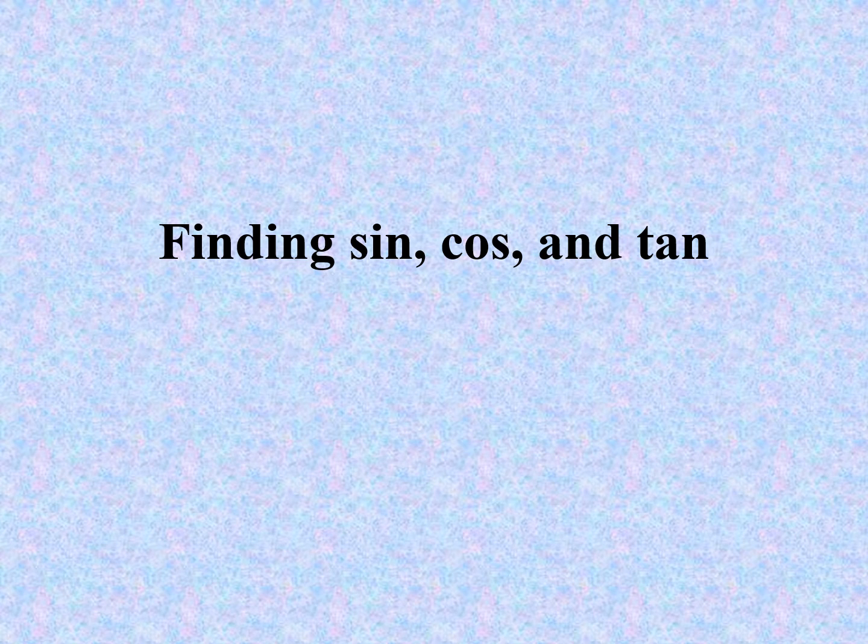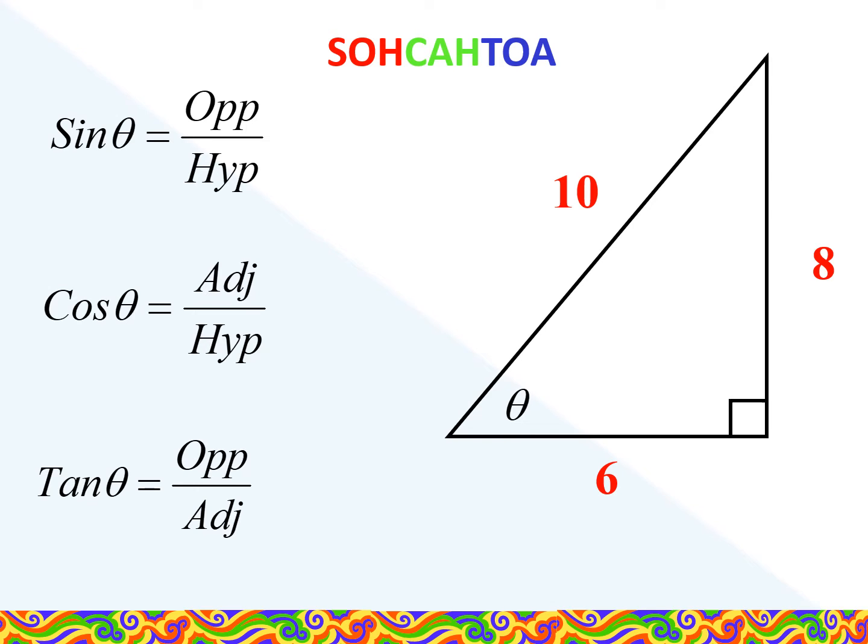Now, we are going to find sine, cosine, and tangent. So, given the diagram, we are going to use the SOHCAHTOA in order to find sine theta, cosine theta, and tangent theta. For sine theta, it is opposite over hypotenuse. So, referring to this theta, it is equal to 8 over 10, or in lowest terms, it is 4 over 5.